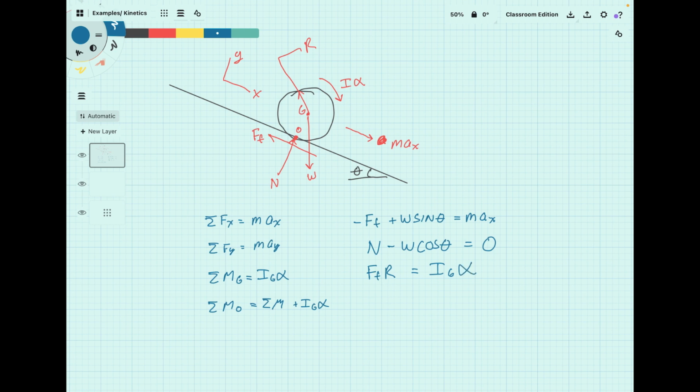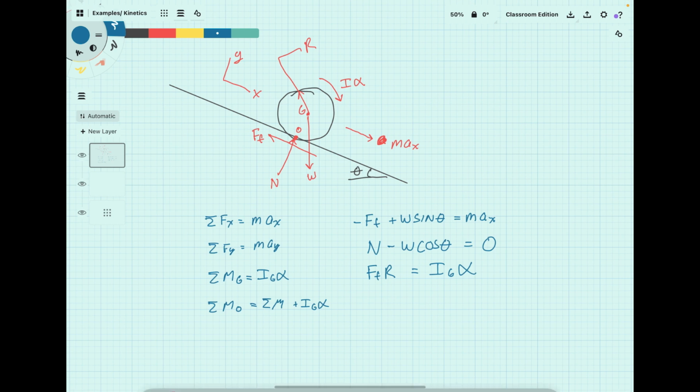Now, I don't know that force of friction. I don't know alpha. And from that first equation, I don't know AX. I can do some things there to solve that, but if I take a summation of moments about O instead, let's see what we get there.